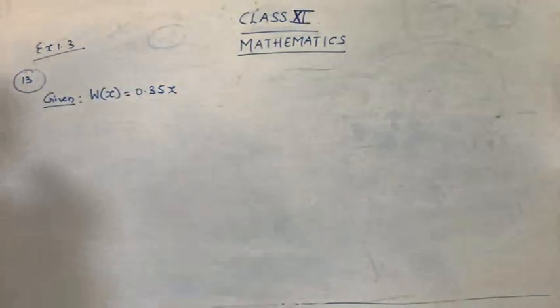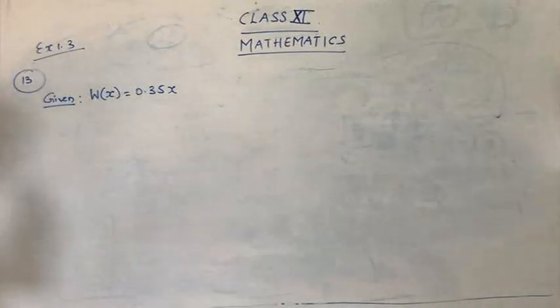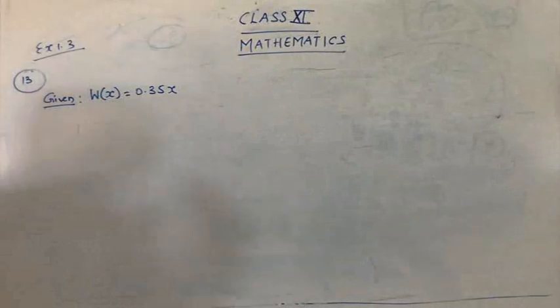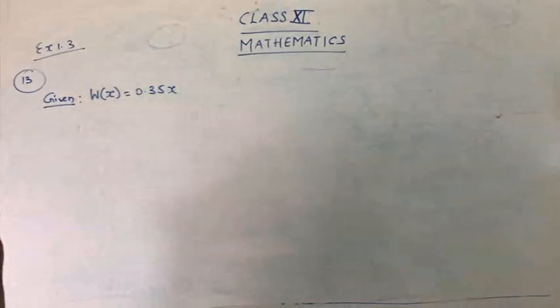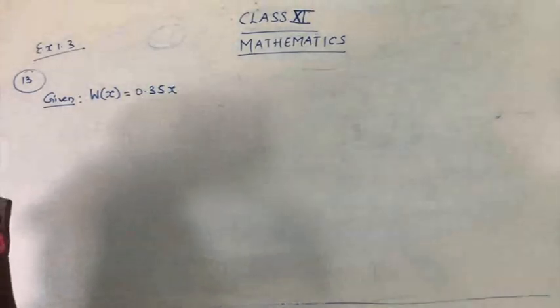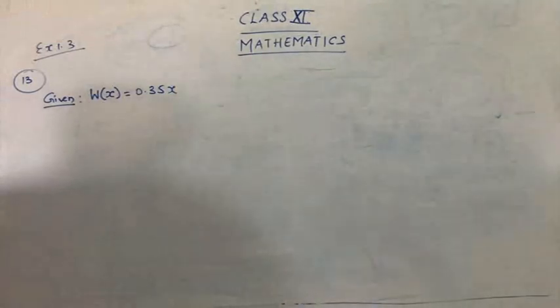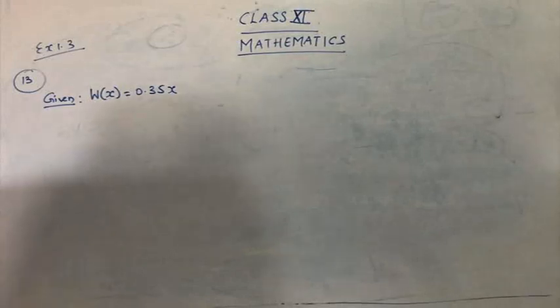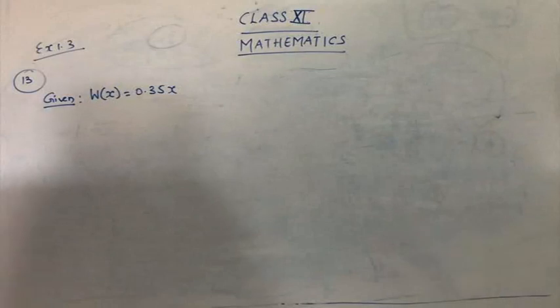Let me start with x as 0, because I know the weight cannot be negative. As soon as the baby is brought into this world, as soon as the baby steps out to see this beautiful world, the baby has some weight, 2 kilos, 2.5 kilos, 3 kilos, 4 kilos, maybe up to 4.5 kilos maximum.